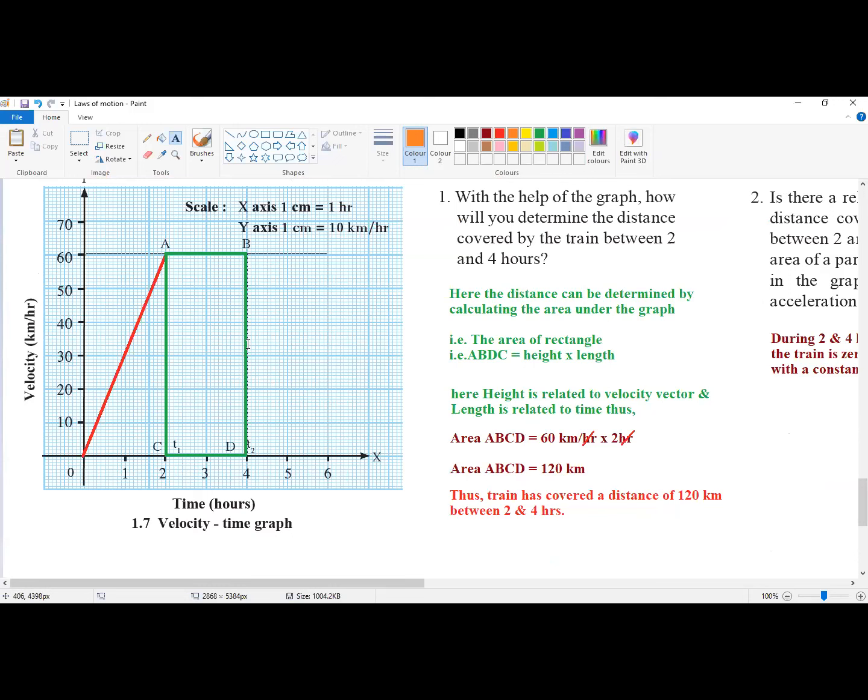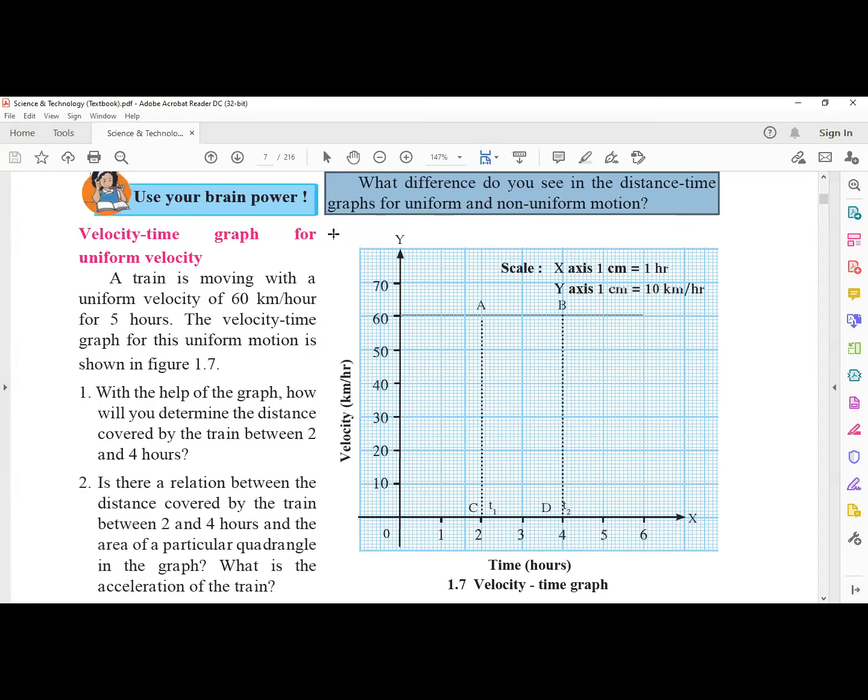What is our first question? With the help of the graph, how will you determine the distance covered by the train between 2 and 4 hours? Between 2 and 4 hours. If you look into the graph carefully, you will find, let me take this once again.